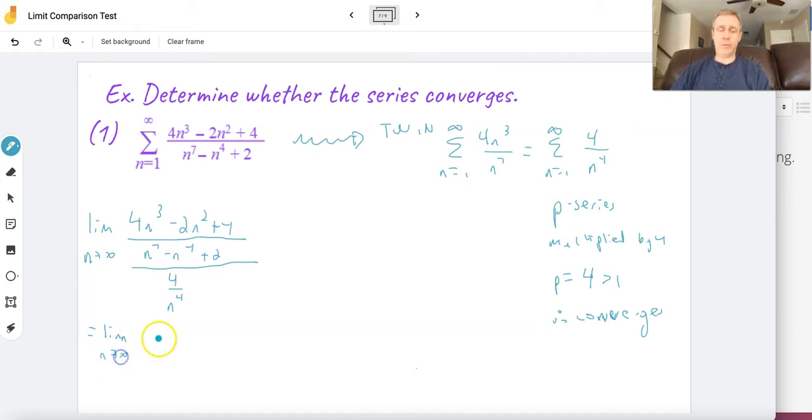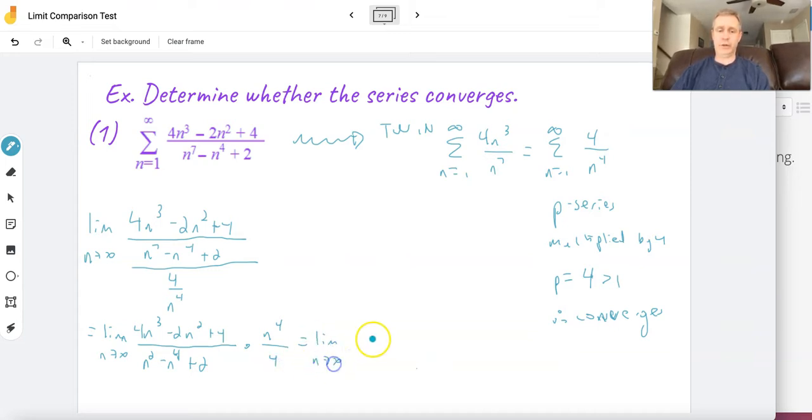Before evaluating the limit, since the original general term is being divided by the general term of the twin series, I would multiply the original series general term by the reciprocal of the general term of our twin series.